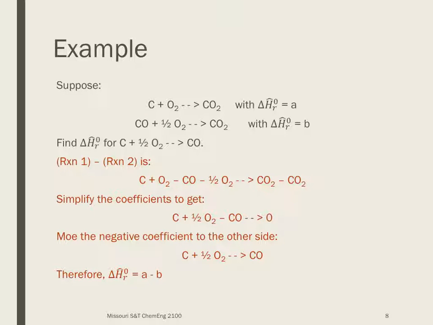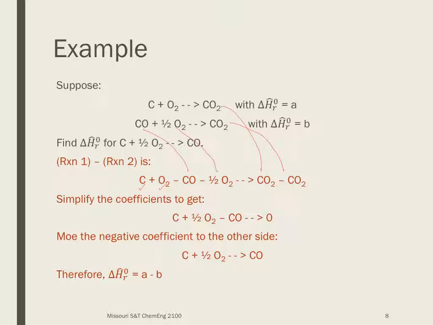In this case, I'm going to subtract reaction 1 minus reaction 2. So if I do that, I have C plus O2 minus CO minus 1/2 O2 goes to make CO2 minus CO2.